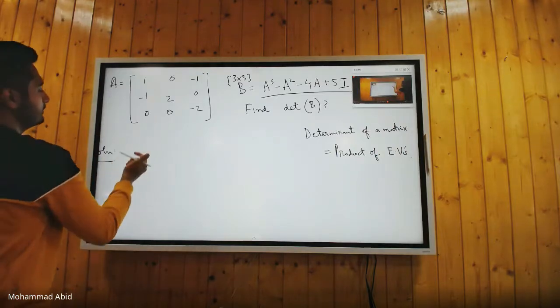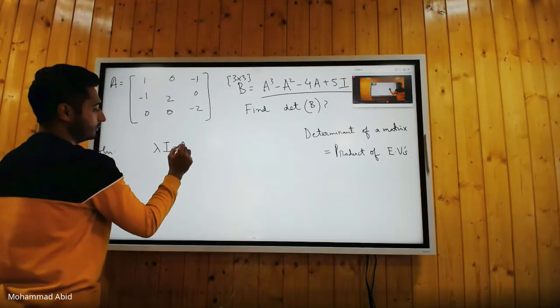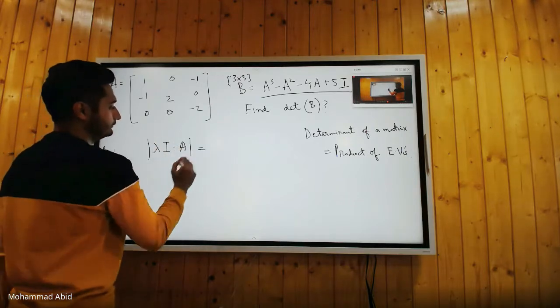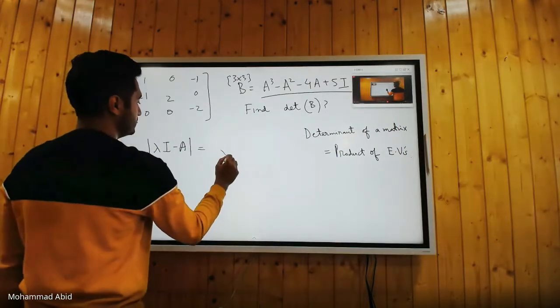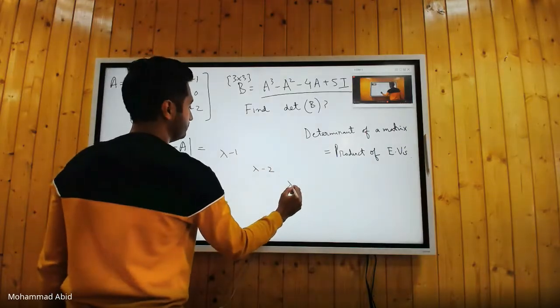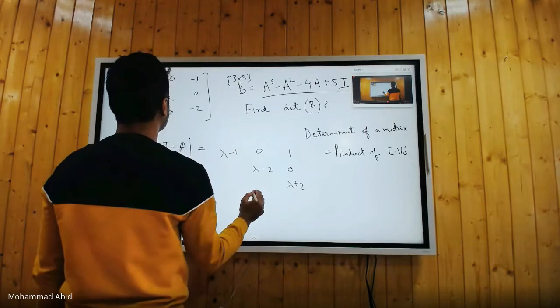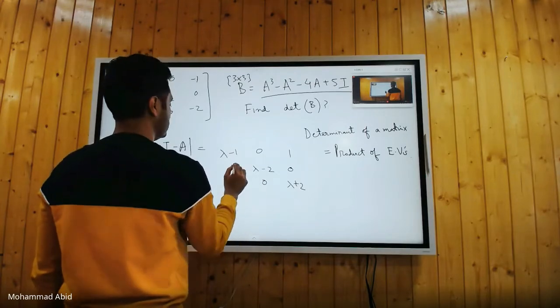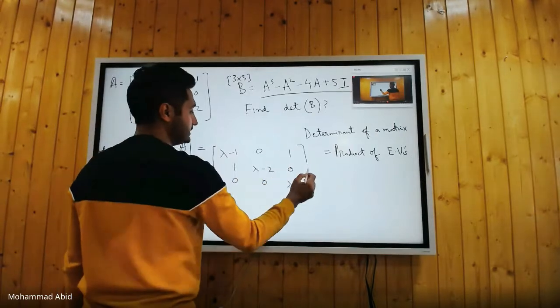Okay, so A is given. The first thing that comes to mind is finding the characteristic polynomial of A. This is lambda I minus A. Again, the same thing, lambda minus 1, lambda minus 2, lambda plus 2, 0, 1, 0, 0, 0, and 1. This is your lambda I minus A matrix.